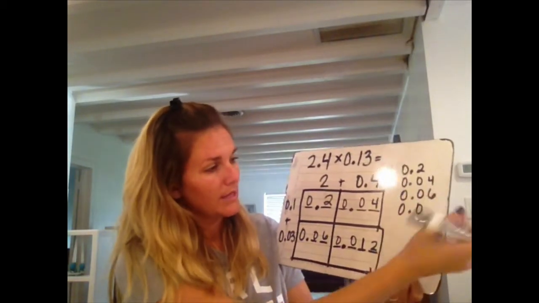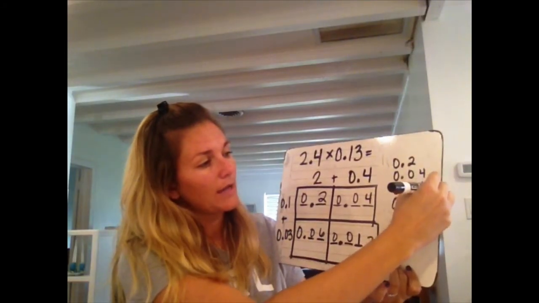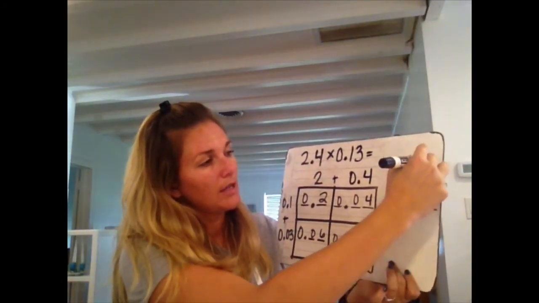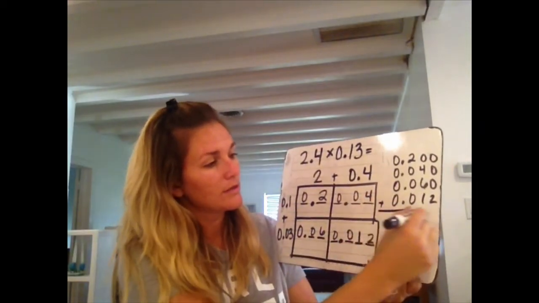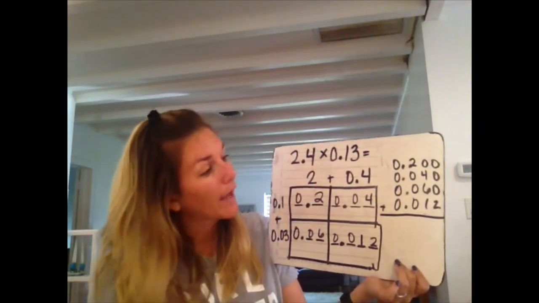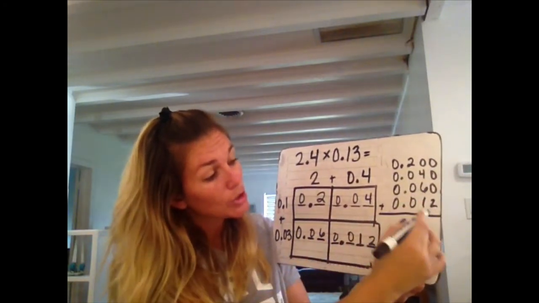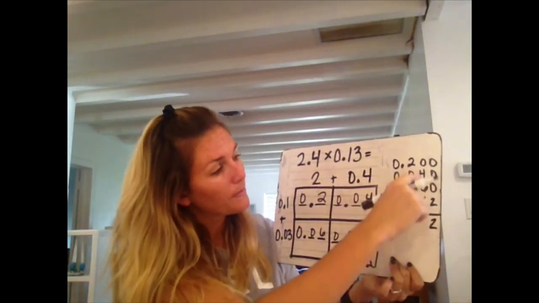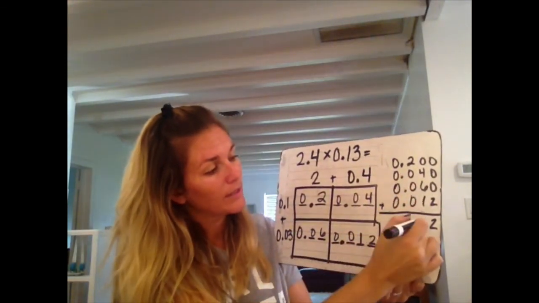Oh, don't need that 0. Now I'm going to come back and put zeros in areas that I don't have any digits so that it's easier to add it up, okay? So I can look at this row and see 0 plus 0 plus 0 plus 2 is 2. I know 6 plus 4 is 10, plus another 1 is 11.